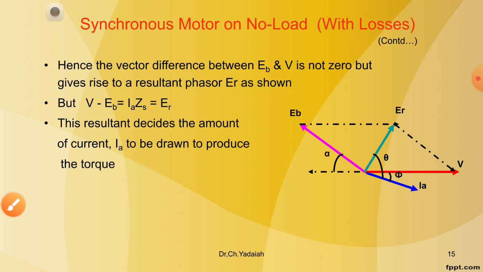Hence the vector difference between EB and V is not 0, but gives rise to a resultant phasor ER as shown in the figure. V minus EB is equal to IA times ZS, which is equal to ER. This resultant decides the amount of current IA to be drawn to produce the torque to meet these few losses under no load conditions.